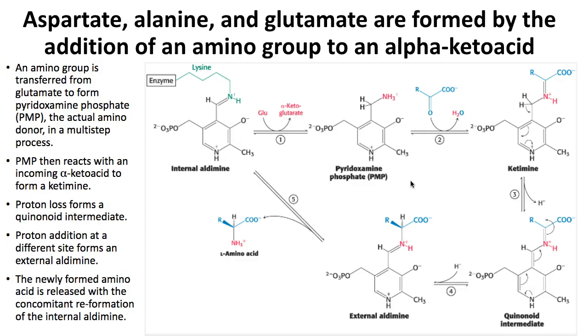As far as making aspartate, alanine, and glutamate, that is formed by addition of an amino group to an alpha keto acid.